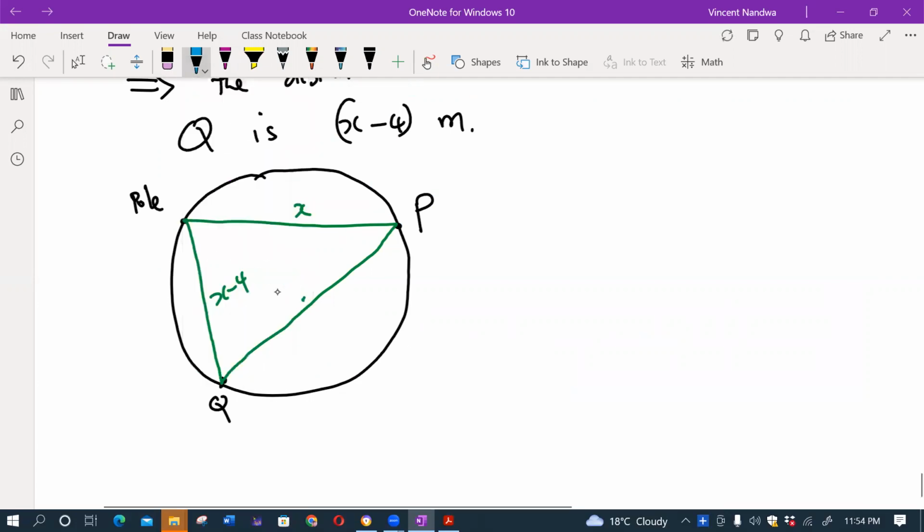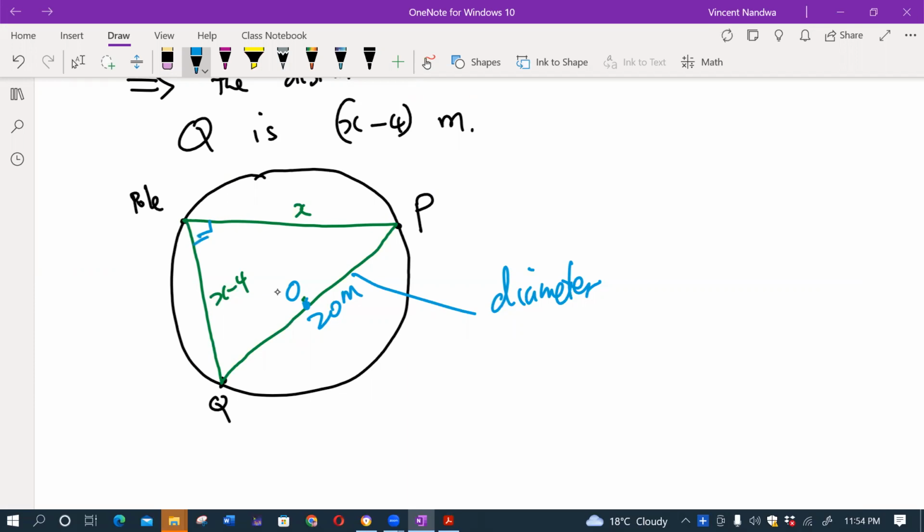My figure is not necessarily drawn to scale, but if this is the center, then this is a diameter from the information given in the question. So the distance here is 20 meters, and then you expect this to be 90 degrees.